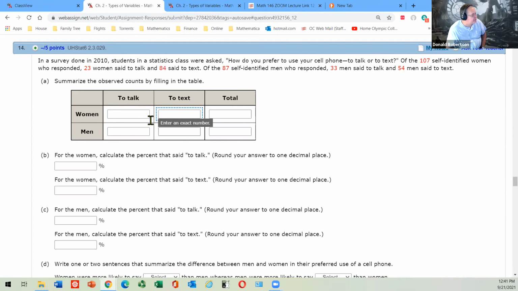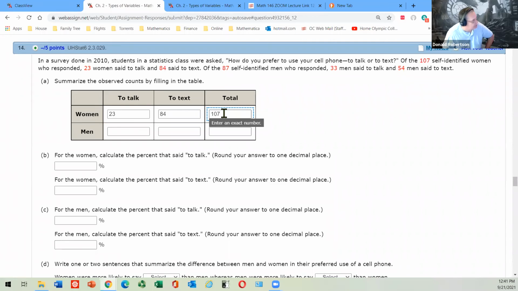Of the 107, 23 said they like to use it to talk, and 84 said they like to do it mostly to text. And yep, that does add up to 107.